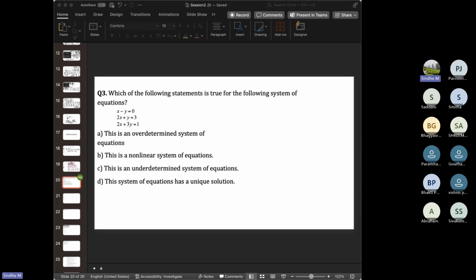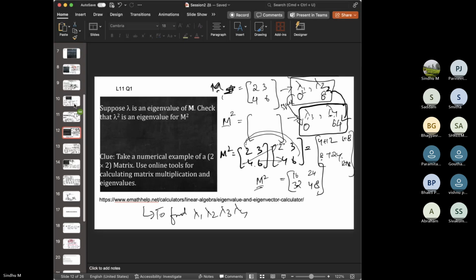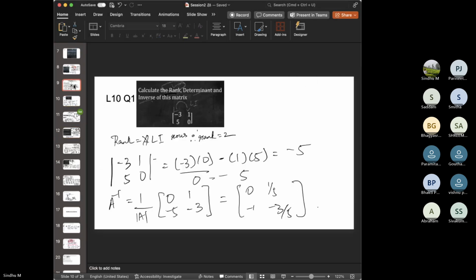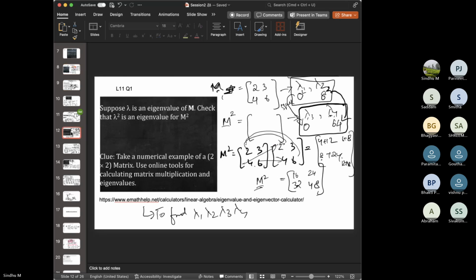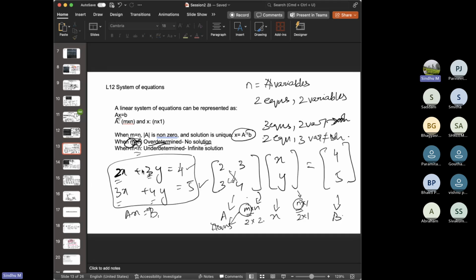And if we go back here, in this case, we have the number of equations 3 and number of variables 2.